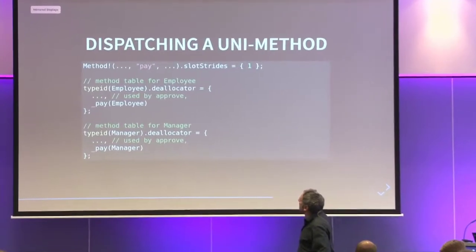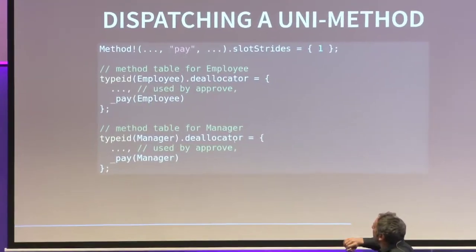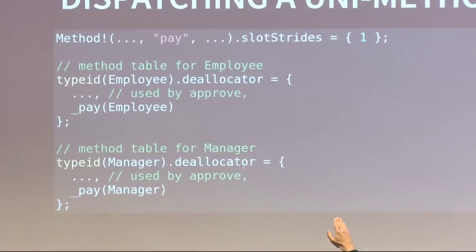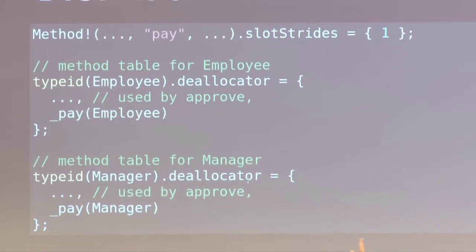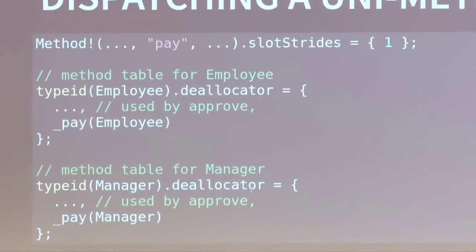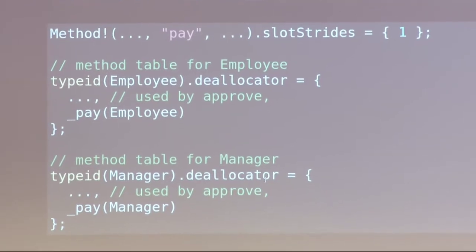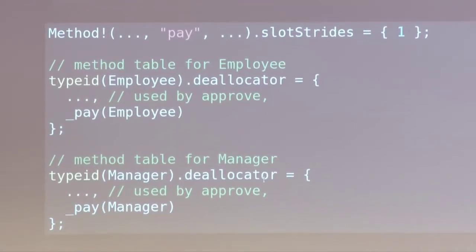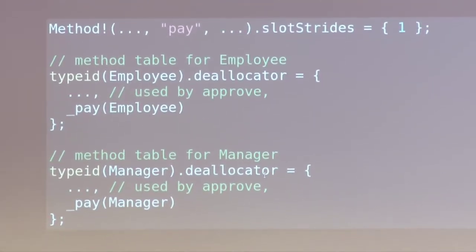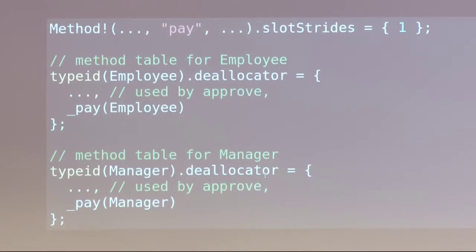For employee, we have the method table here, whose address is stored in the allocator. It turns out that the first slot of that method table is used by approve. So pay uses the second slot, first try it's 1. And then we have the same for manager.